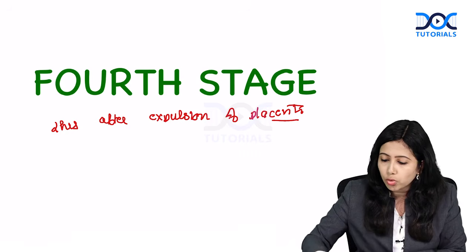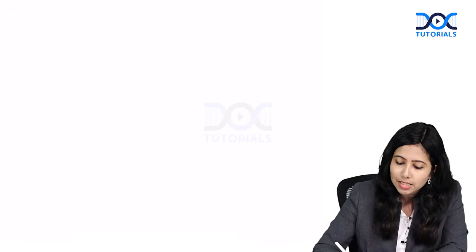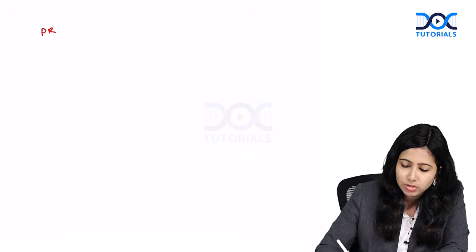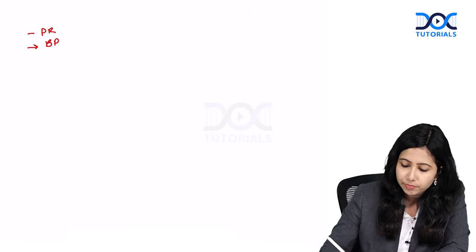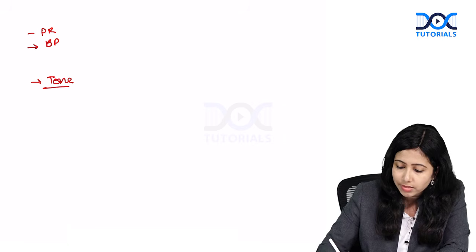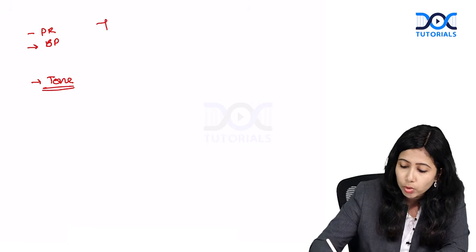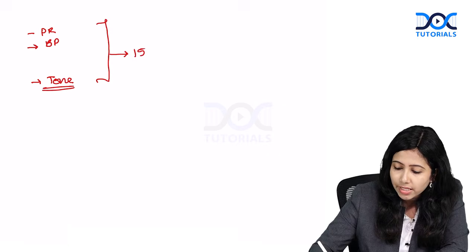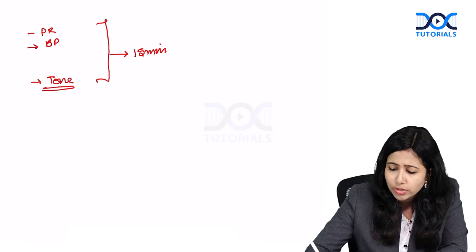So what are you going to check during this time? You have to check the pulse, the BP, and the tone of the uterus, and all these we are going to assess every 15 minutes for the next 2 hours.